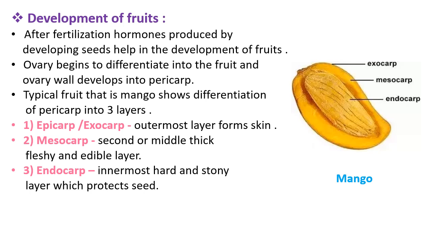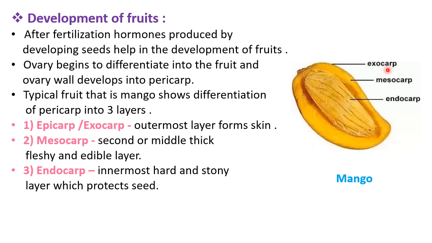The diagram shows a typical fruit of mango. In mango, pericarp is differentiated into three layers. The outermost layer, which forms the skin of the fruit, is called epicarp or exocarp.